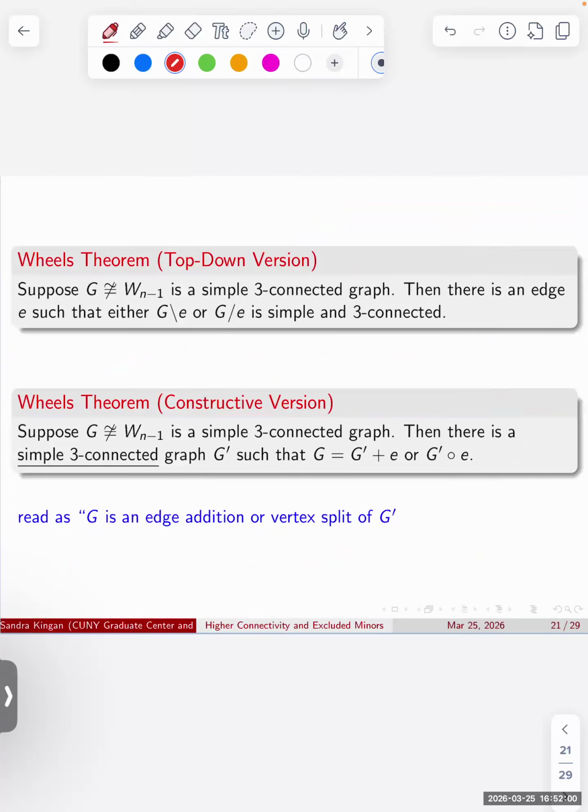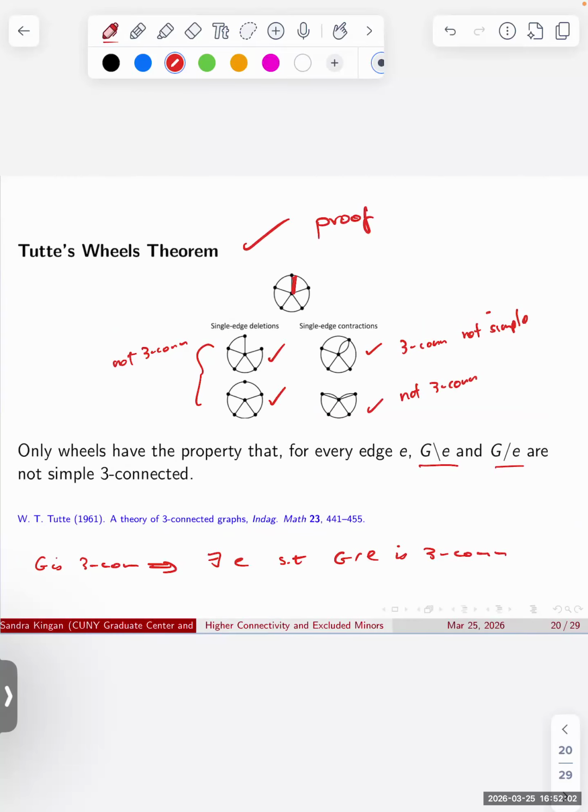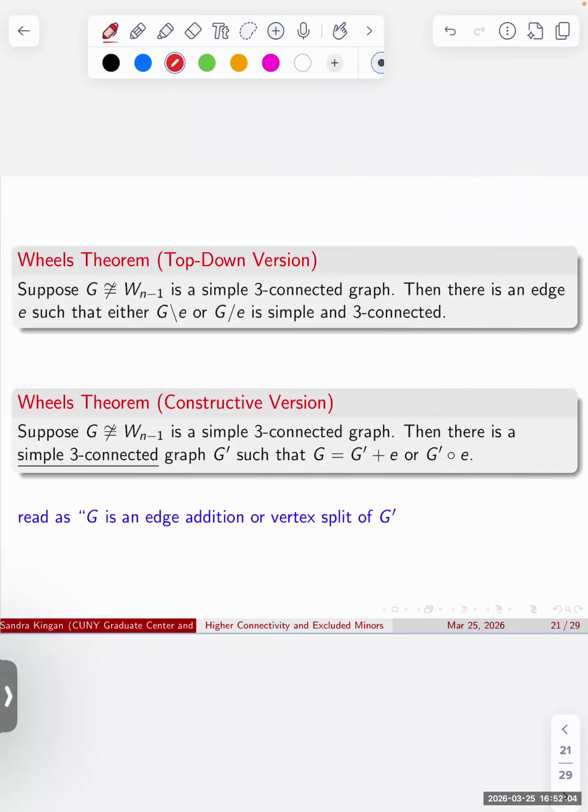Now, we would have to prove Wheels theorem, and then these would actually be small corollaries of the Wheels theorem. So wheels are the only simple 3-connected graphs with the property that G delete E and G contract E are not simple 3-connected, right?